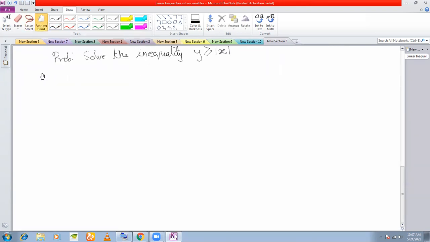Now if you want to solve this, first of all, you take the equality. The corresponding equality is y equal to mod x. Now you will plot this for mod x.